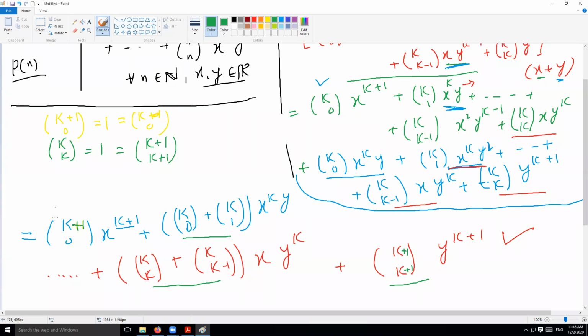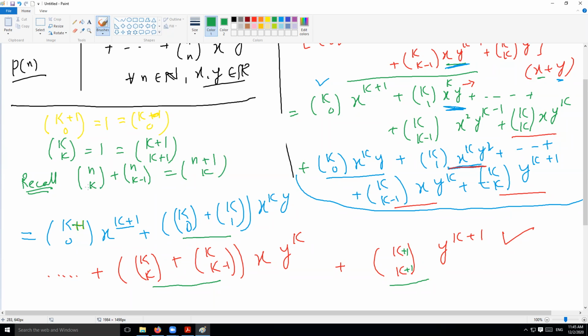Identity yaad nahi hai. So let's recall this identity, which you can prove very easily: if you have n choose k and you add to it n choose k minus 1, this is the same as n plus 1 choose k.